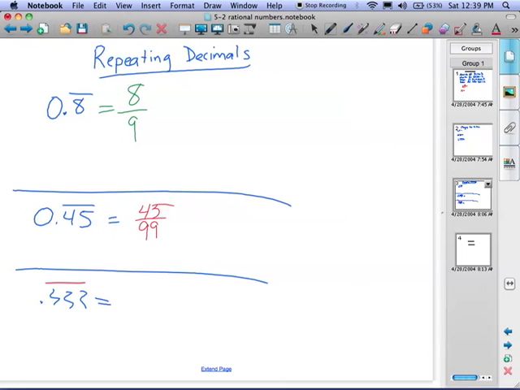In 8/9, the denominator is supposed to be a 10 because it's 8/10, but that little line above it tells us to take 1 away from the 10 to make it a 9. 45/100ths with the little line over it tells us that we need to take 1 away from the 100 and make it a 99, so it's 45/99. You can check this by typing it into a calculator, and you'll get 0.454545.